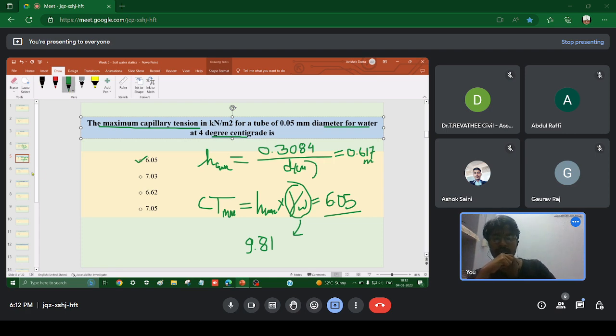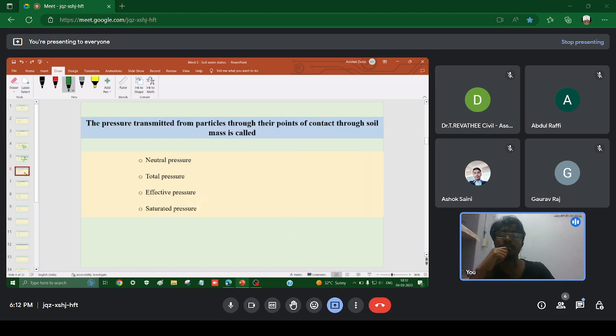Okay, so the next question. The pressure transmitted from particles through their points of contact through soil mass is called. What is the answer?